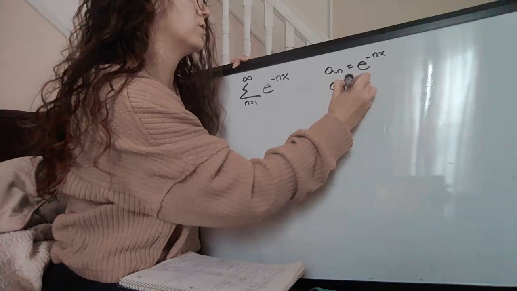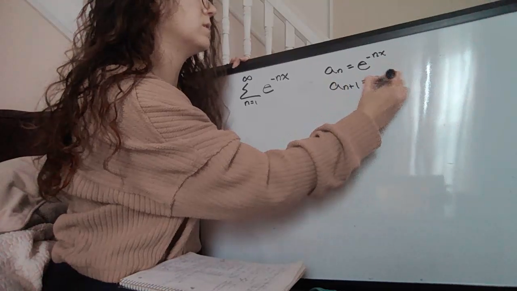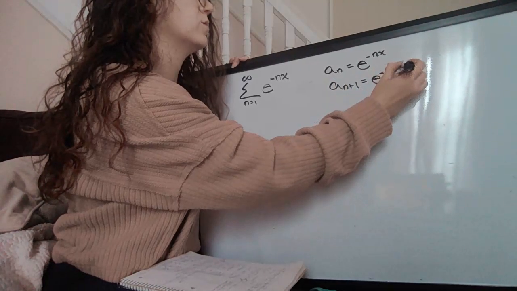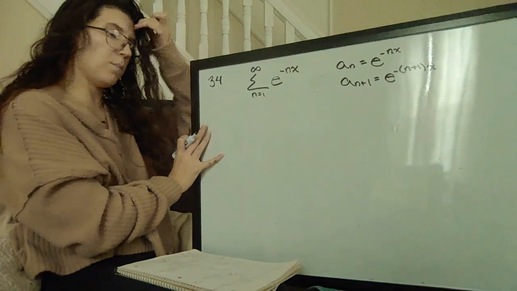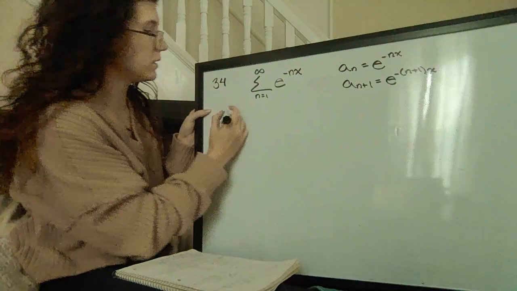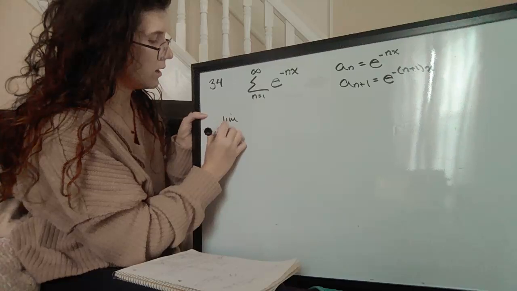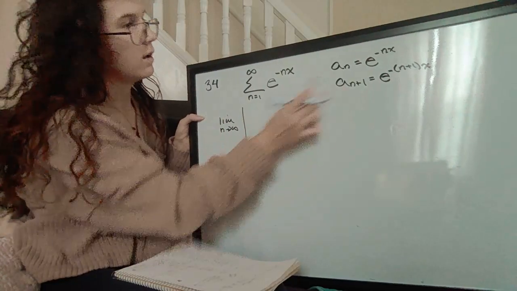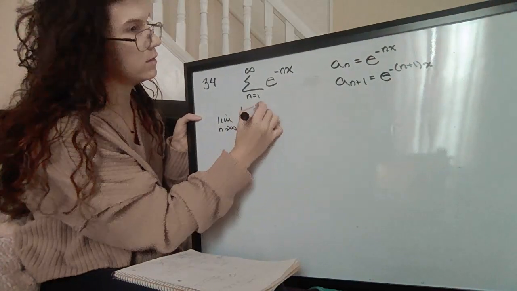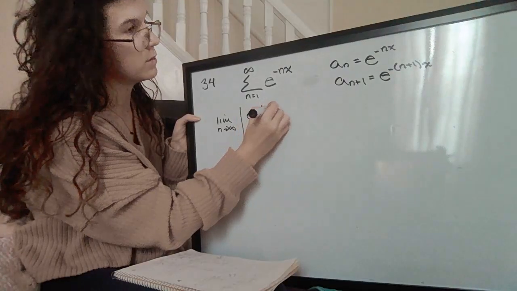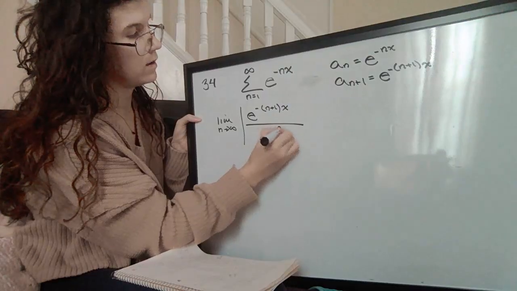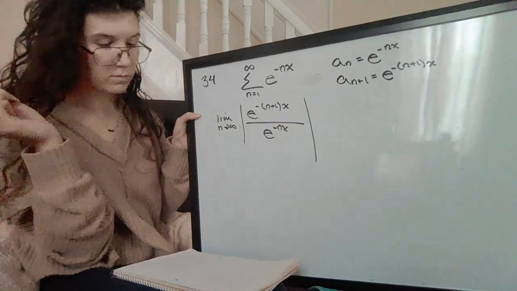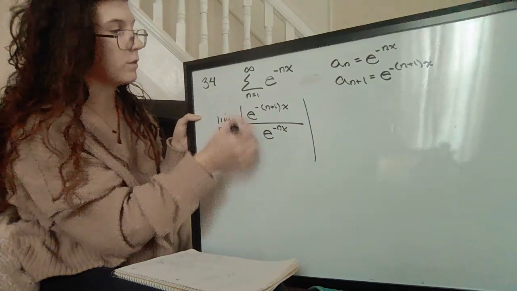A sub n plus 1 is going to be e to the negative n plus 1 x. Then we can set this up as a limit as n approaches infinity of this over e to the negative n x. Order does matter here. All right, and then we'll do a little bit of algebra.